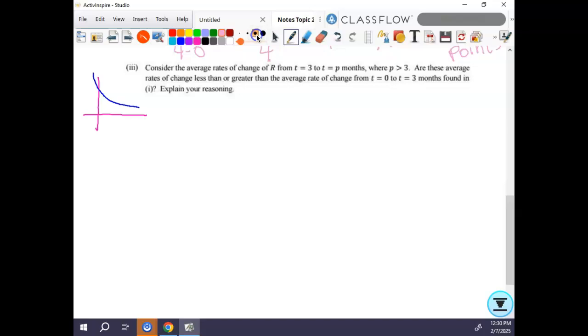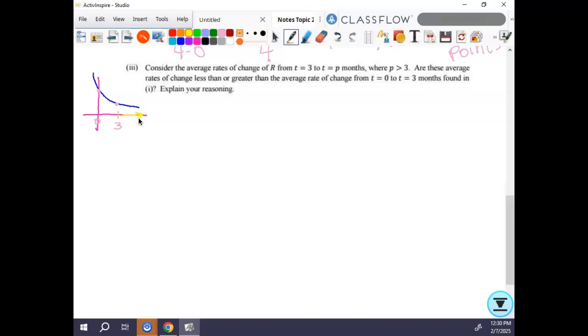And I had points at, we'll make that 0 and 3, whatever. It doesn't matter really where they are. So this is at 0, this is at 3. So it says, consider the average rates of change from 3 to p, where p is greater than 3. So 3 to p is over here somewhere, right?